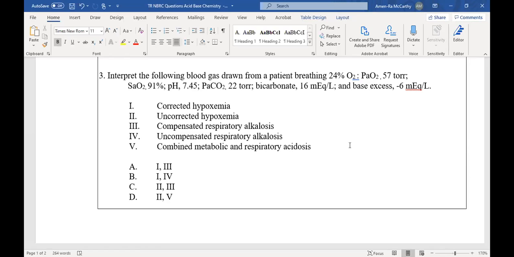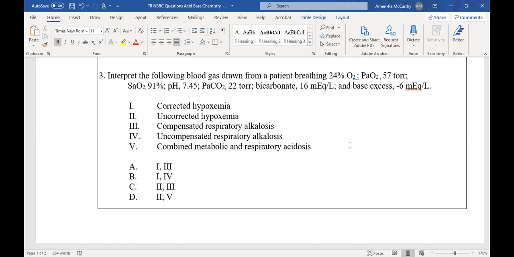So get your oxygenation status first. Find out what that is so you understand it first. He's on 24% oxygen, so he's on some oxygen, and his PaO2 is still 57. The answer is C, but I want to know: if he's on oxygen and his PaO2 is still 57, what is that?